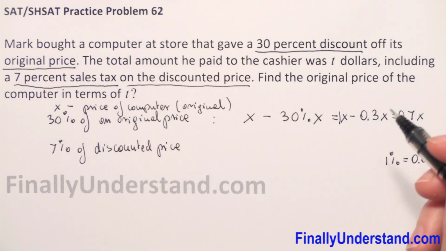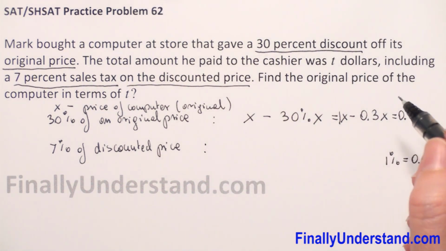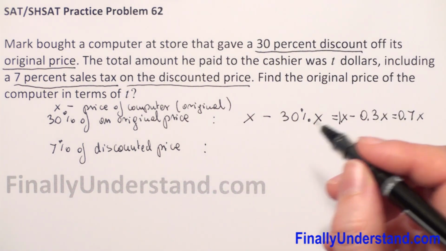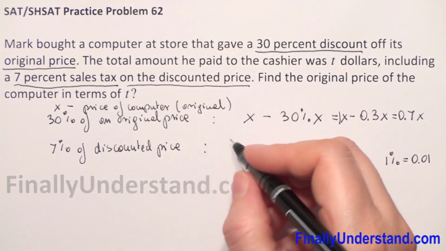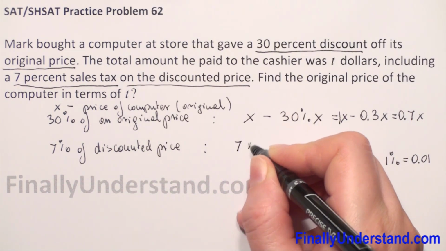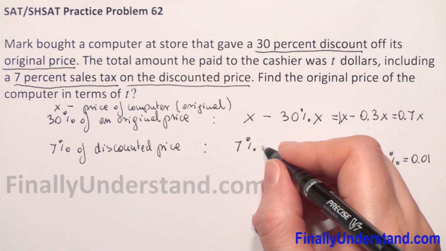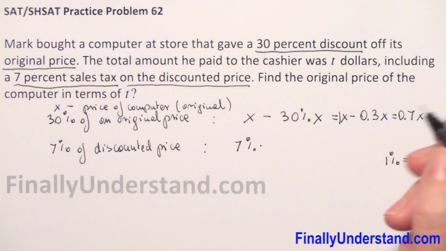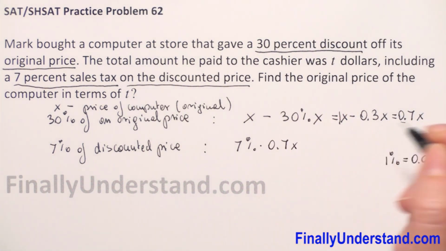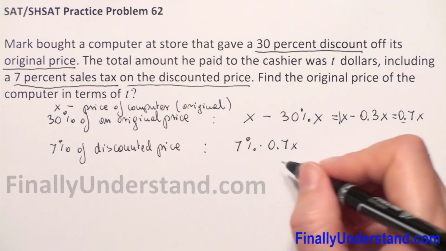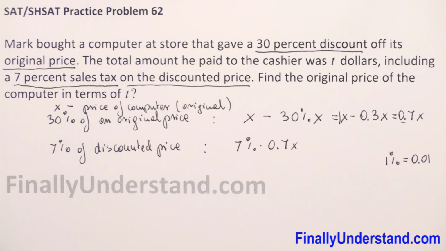The discounted price is 0.7X, and we have to take 7% of this price. So we will write 7% of, and we always have to write multiplication, 0.7 times X. This is our discounted price, the price after discount.